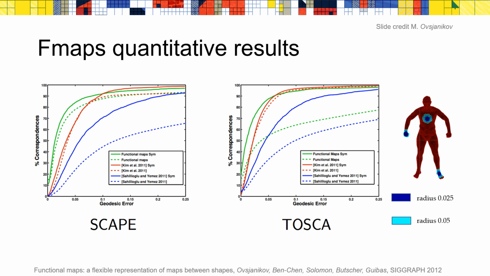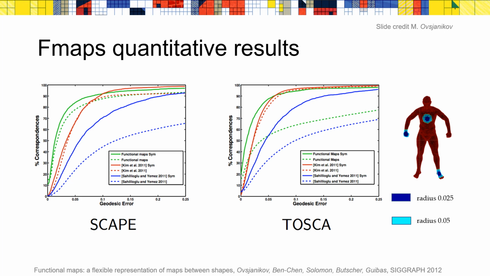As you can see, the functional map quantitative evaluation says that, for the year in which it was proposed, it outperformed all the competitors. To give an idea of the error that is obtained for these correspondences, we have this visualization on the right.